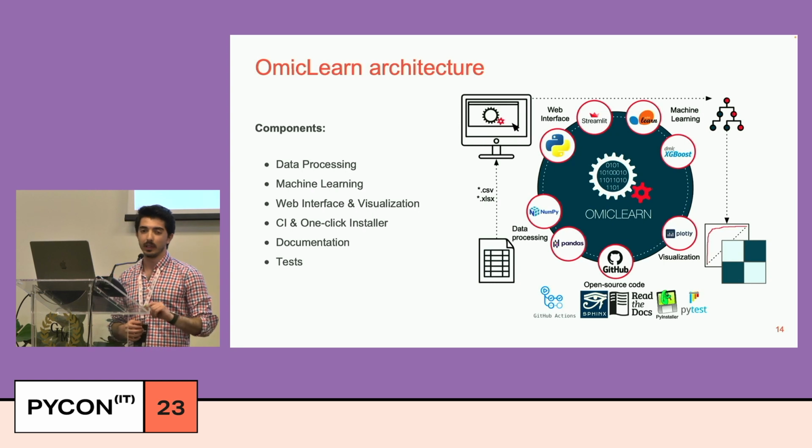I will explain why we use Streamlit, Plotly and XGBoost in the following slides. We also use Plotly visualization because researchers want paper-quality figures. They just download the figures and put them into their paper. No more work is needed for biologists.